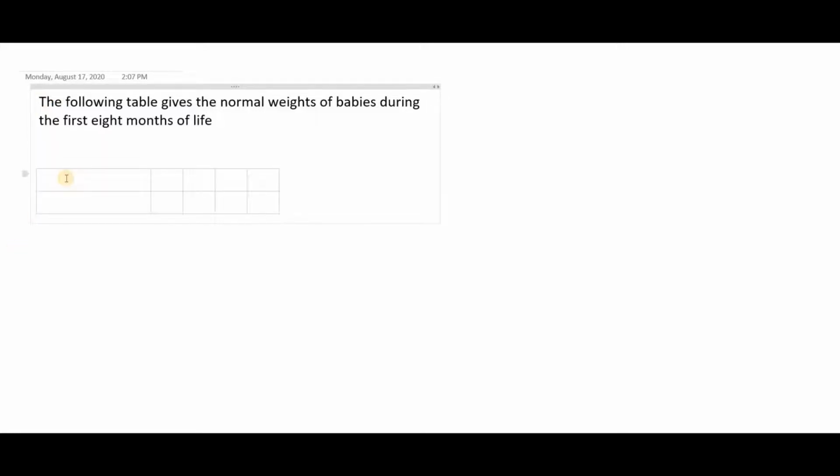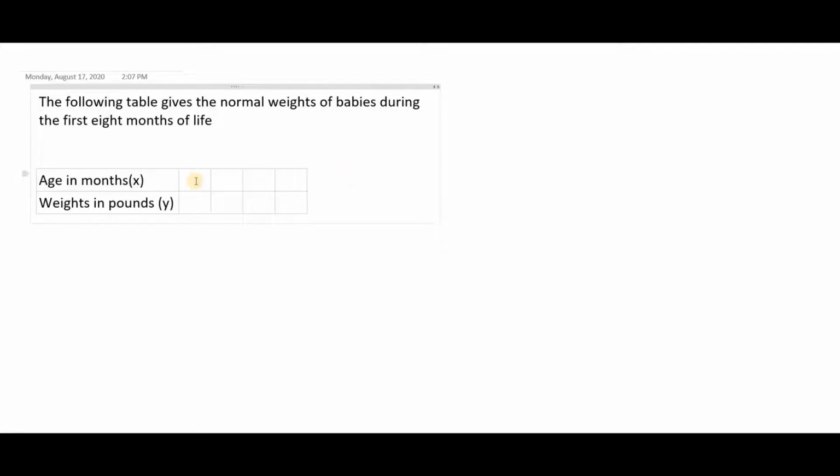So age in months, you can take as x, and in the second row you will get weights in pounds, you can take it as y.